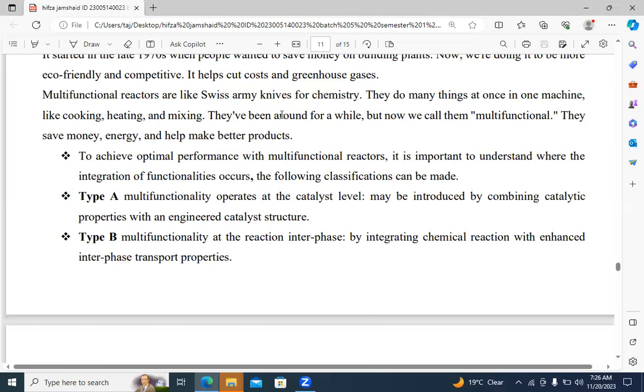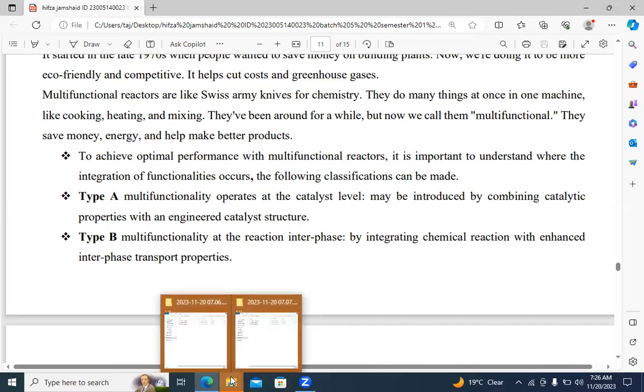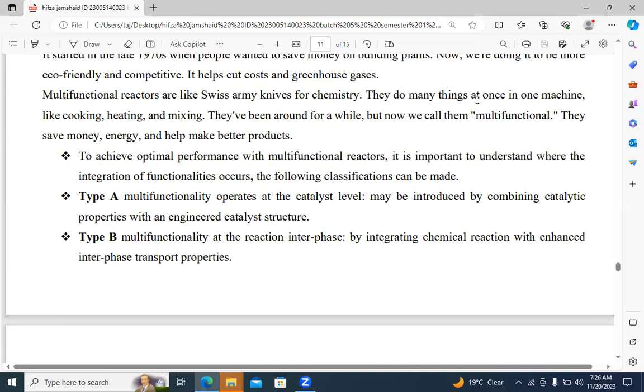A Swiss Army knife has a knife, a sharp blade, and scissors. It means there are different things, all with different functions. So they do many things at one time, but in a single machine, for example cooling, heating, and mixing. That's why we call them multifunctional. They also save money and energy, and make better products.